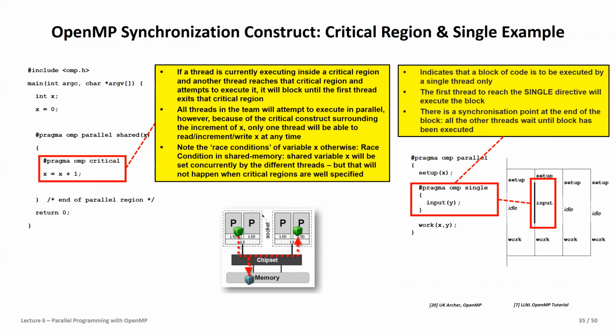That's why, if you have certain elements in your parallel application where, in order to write the variable, you have to read it before and then modify it, it is good to put it in a pragma OMP critical region. I modeled this here as a very tiny example, right? If you have 4 threads coming here and they all share the X variable, obviously this is a problem if 4 threads do the same execution.